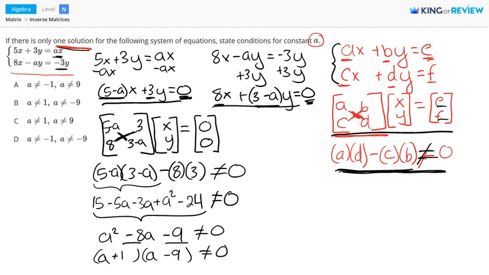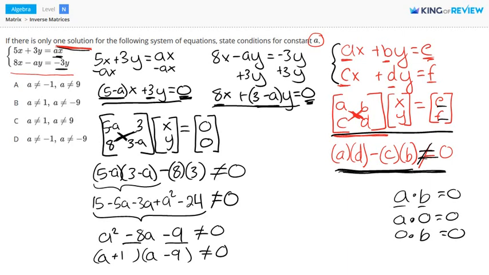So now, if we think about the zero product property, if we have two numbers, let's call them a and b, and they're equal to 0, then we know that either a or b must be equal to 0 because any number times 0 equals 0. So a times 0 could equal 0, or 0 times b could equal 0.